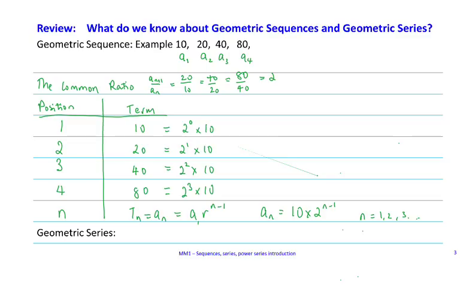A geometric series, on the other hand, is adding. We're going to add it up. So you can have the terms of the geometric series as 10, then 10 plus 20, so it's 30, then 10 plus 20 plus 40, so it's 70, etc.